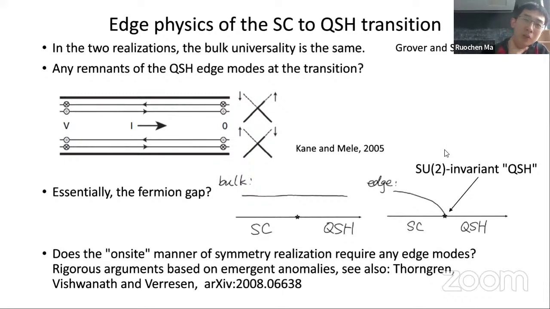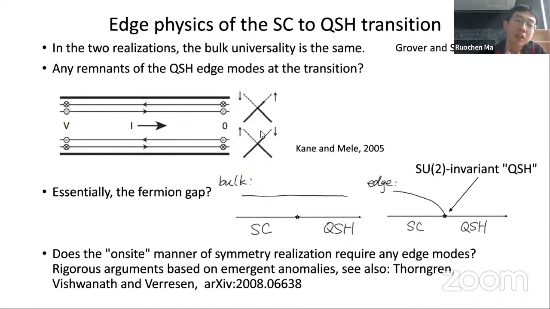As Ruochen described just now, the quantum spin Hall insulator, which is an SPT phase protected by a U1 cross U1 symmetry, has gapless edge fermions itself. When the system has a boundary, there is a picture here showing the edge mode of the quantum spin Hall SPT.